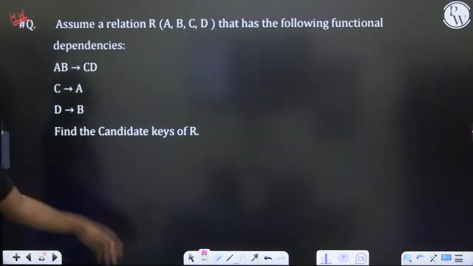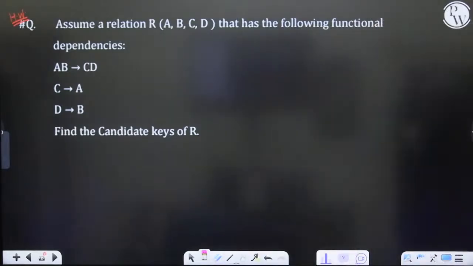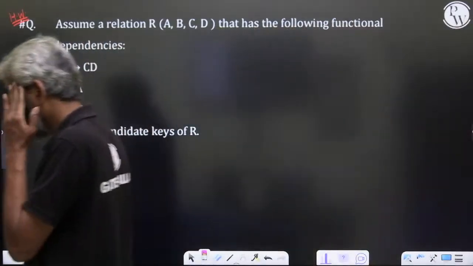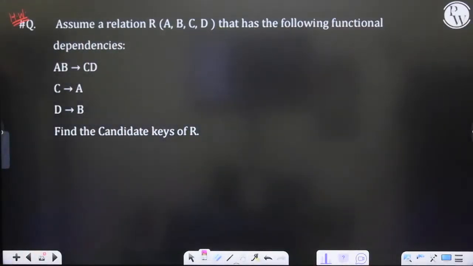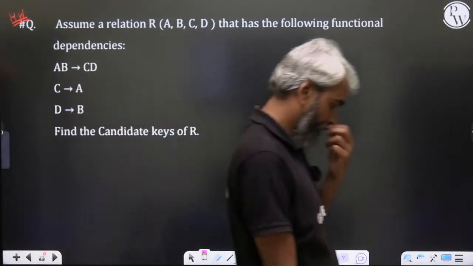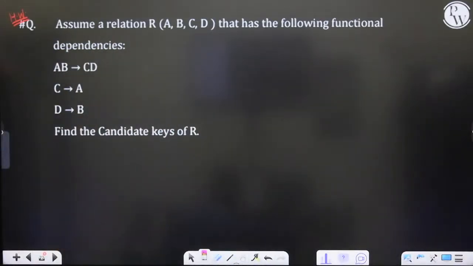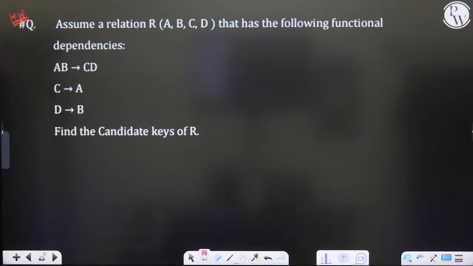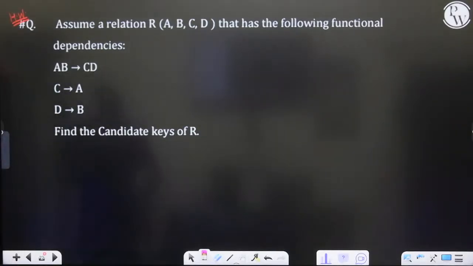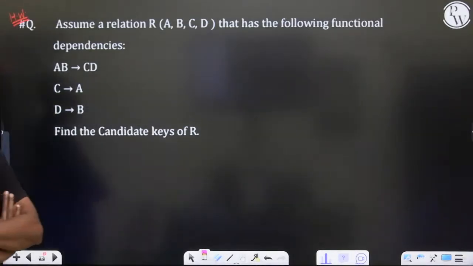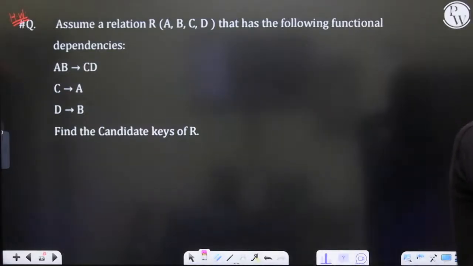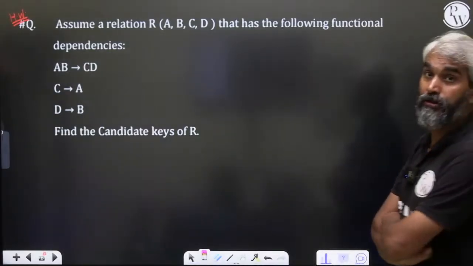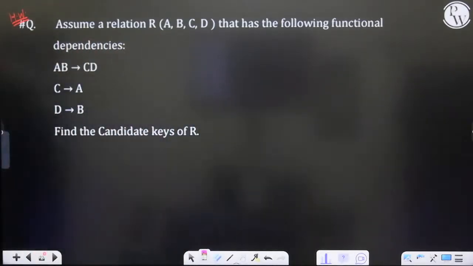What are the candidate keys of this relation? Some got only two candidate keys, some got 3 candidate keys, and some of you even got 4 candidate keys.